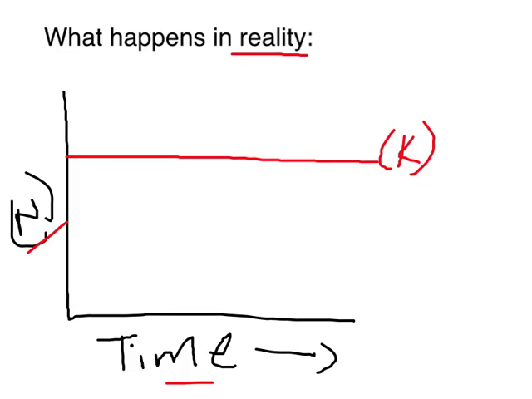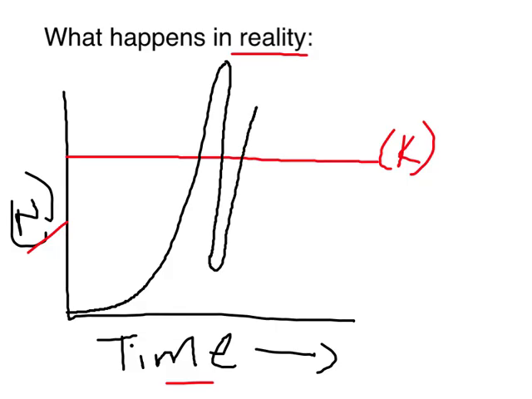But what actually happens is you start with a slow growth phase and you get an exponential phase, and the population really grows and it shoots way up above carrying capacity. But at this point, density dependent factors start to kick in and drop the population dramatically. Here, the population is below carrying capacity again, and so it's going to increase. And then it's going to decrease again. And notice it increases and decreases less and less dramatically each time until it levels out at carrying capacity.